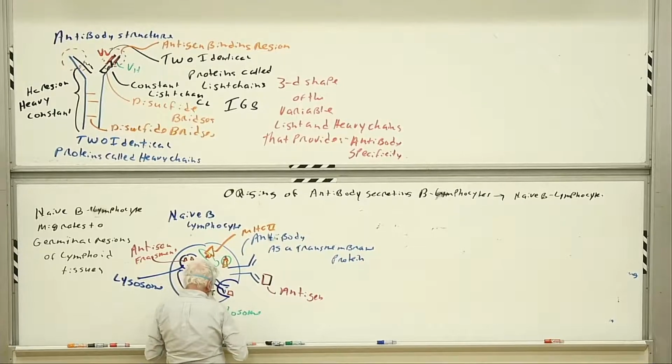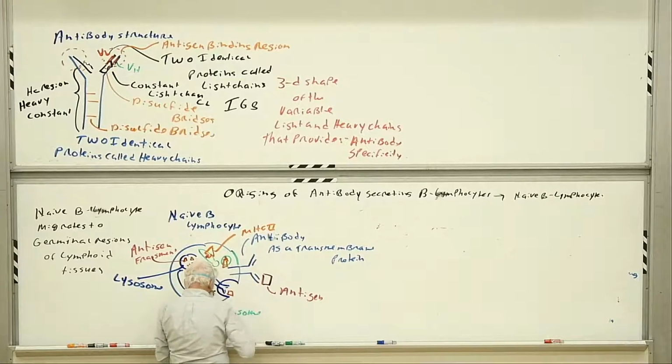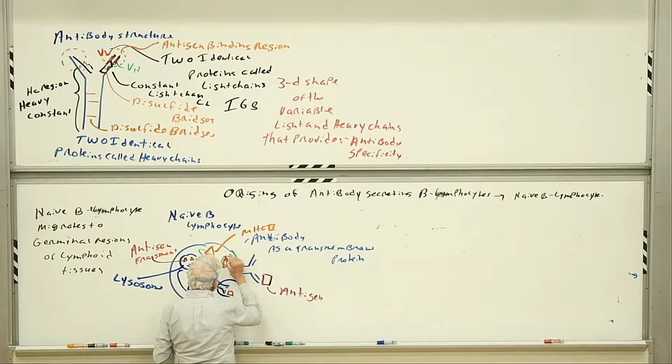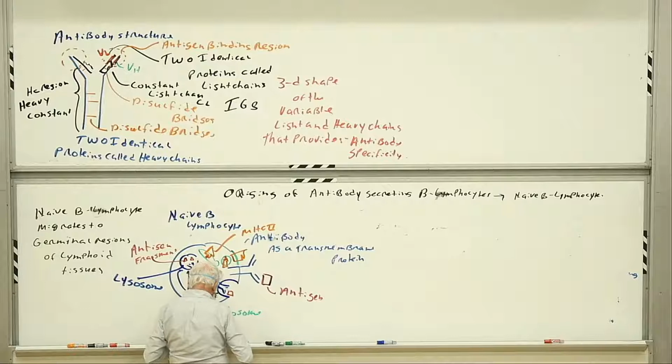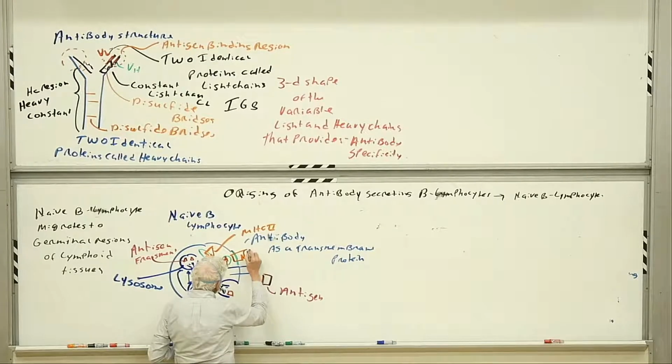When this vesicle fuses with the plasma membrane by exocytosis, we now have this transmembrane protein here called MHC2, but the MHC2 is now displaying the antigen fragment.